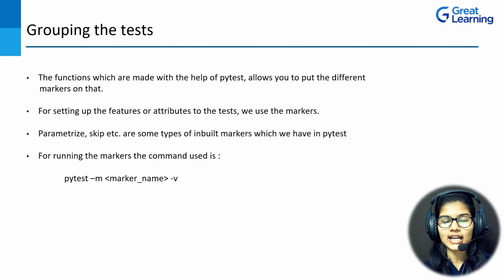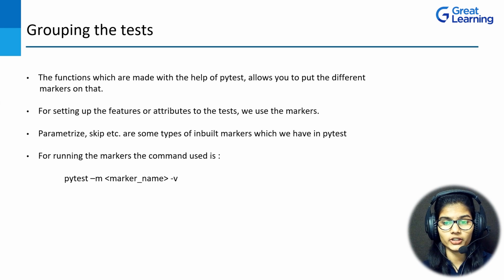Next, for setting up the features or attributes of the test, we use markers. So what is the use of markers, and why are they used, since we have been checking markers for the last slide?